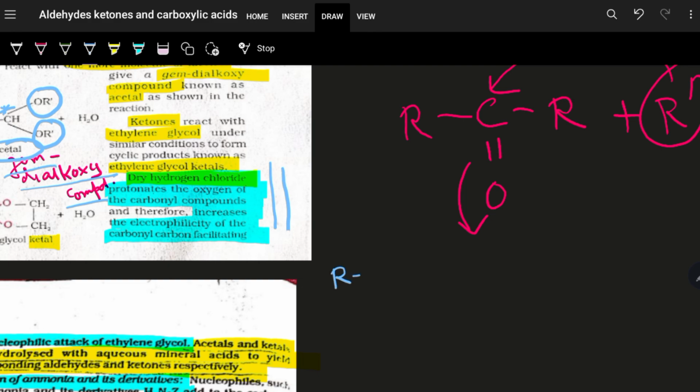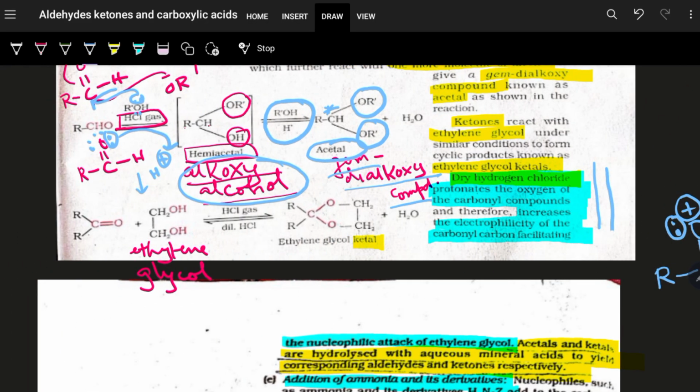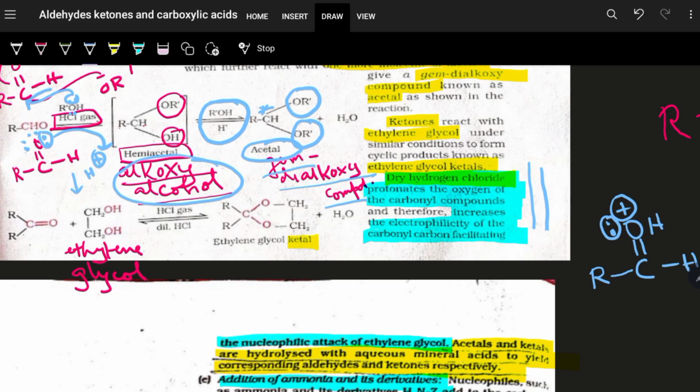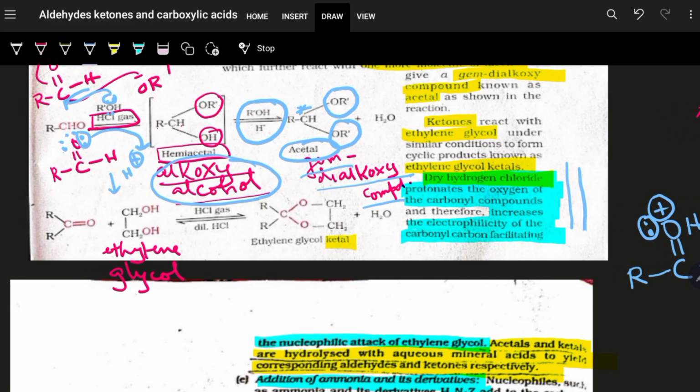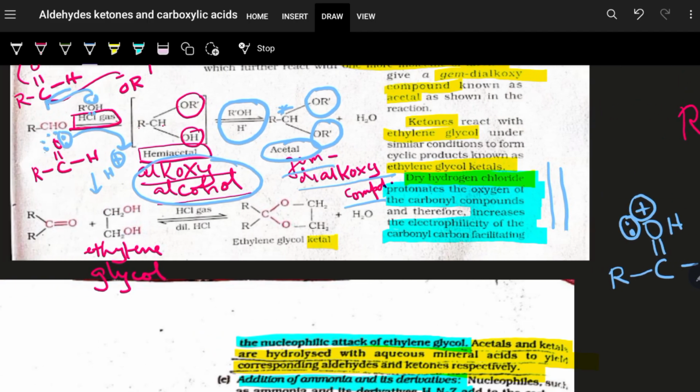So when it protonates the oxygen of the carbonyl, what happens? This is a double bonded O, and if the lone pair holds the H+, then there is a positive charge over here and there is one lone pair remaining.